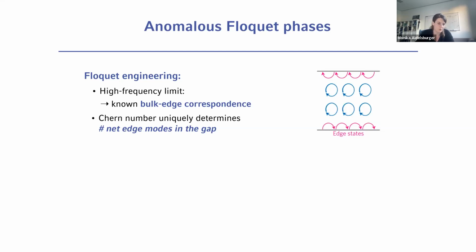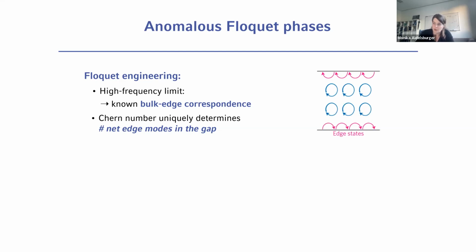We look at the stroboscopic dynamics and pretend that we are studying this effective time independent Floquet Hamiltonian. Nicely enough, we can use all the machinery that we know from static Hamiltonians. We can diagonalize it, compute the band structure, the Berry curvature and the Chern number, and all of this connects nicely to the physics of static systems.